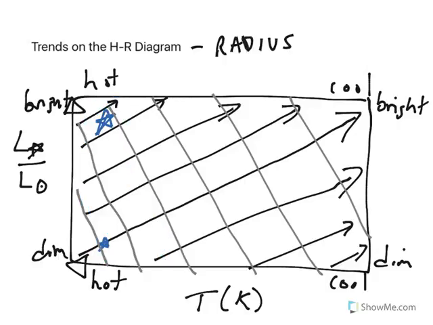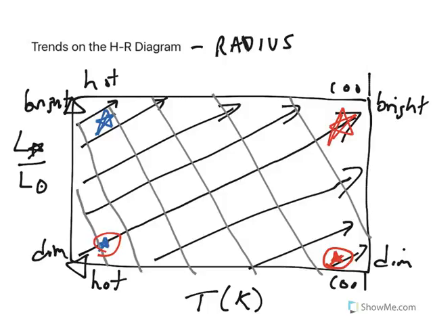Let's add in a bright red star. Now, which is the larger star? Is it the bright red star, or is it the bright blue star? Well, since the bright red star is further to the right in the diagram, it is the larger star. What about a dim red star? Let's compare the dim red star to the dim blue star. Which one is larger?